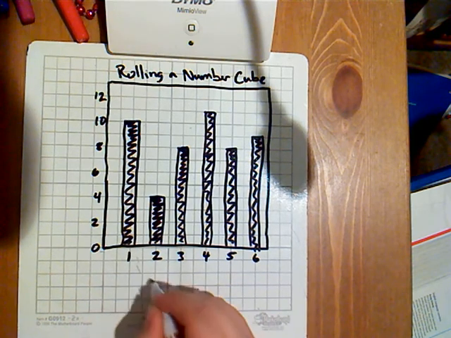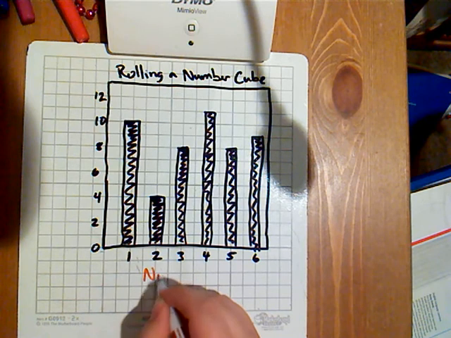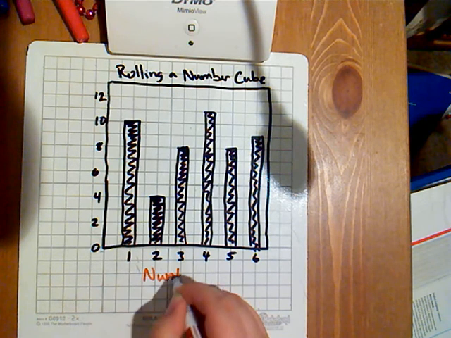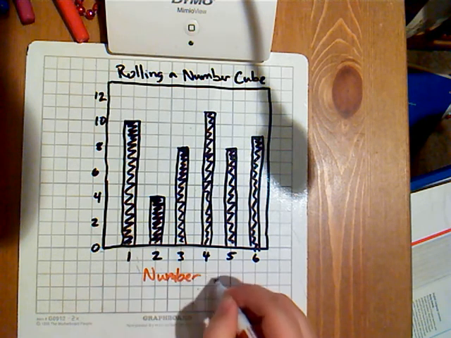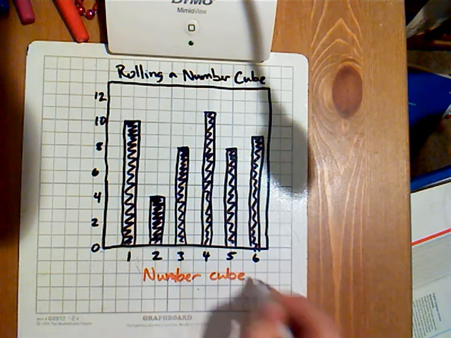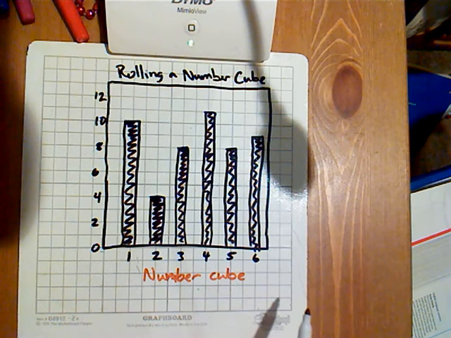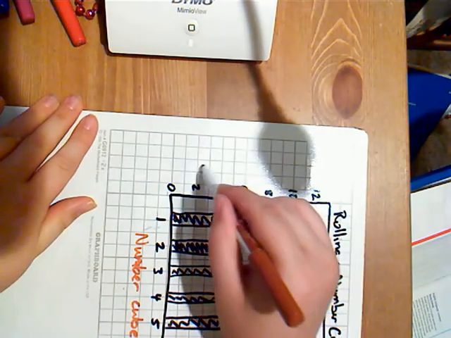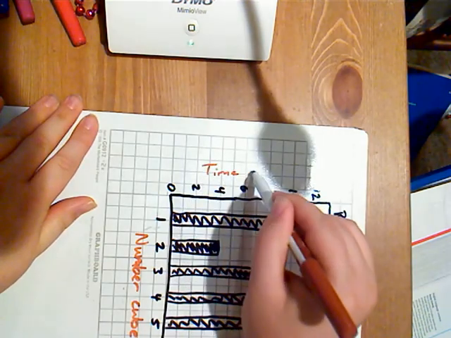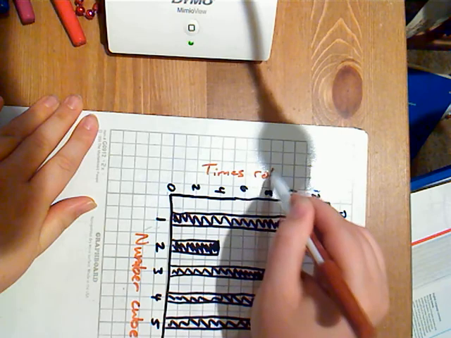So down at the bottom we have the numbers on a cube. On a number cube, you would have 1, 2, 3, 4, 5, and 6. And then on the side here, we've got times rolled.